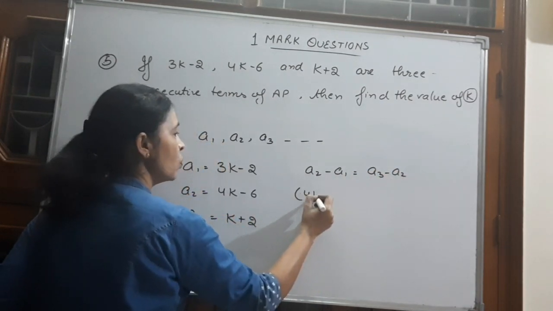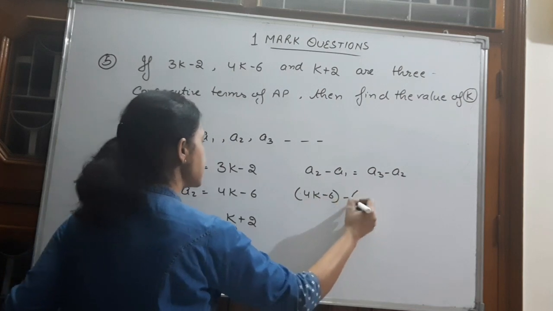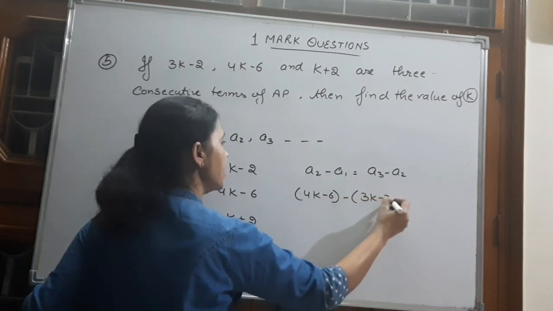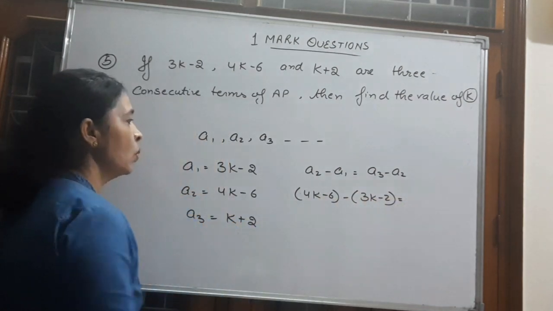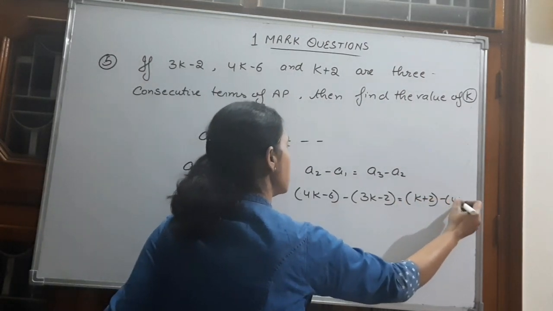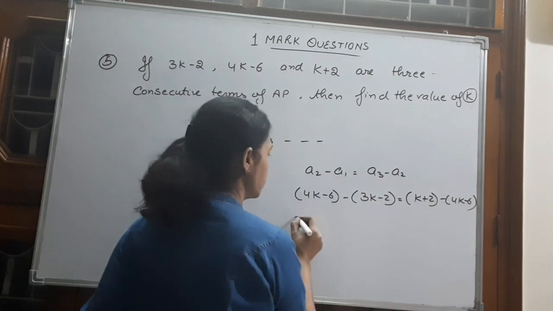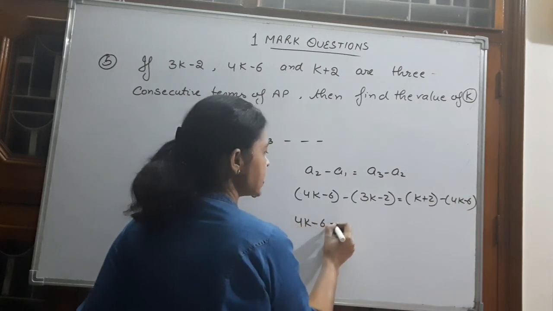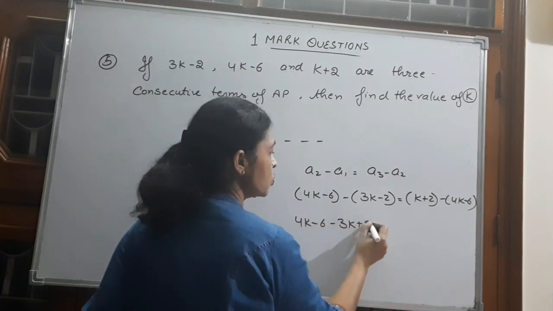What is a2? 4k minus 6 minus a1, which is 3k minus 2, equals k plus 2 minus 4k minus 6. So 4k minus 6 minus 3k plus 2.